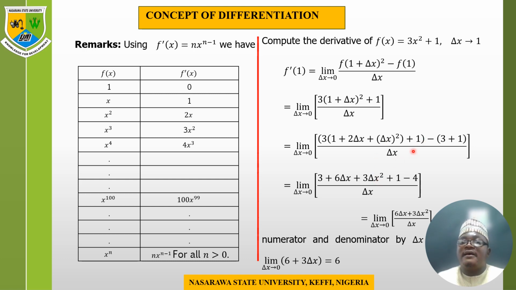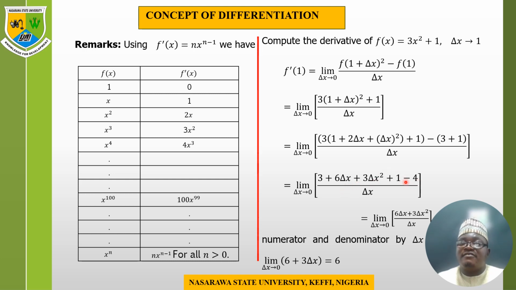We are not expanding this one. Then if you add this plus this, you get 4, and 4 minus 4 we get 0. We are going to be left with this one.